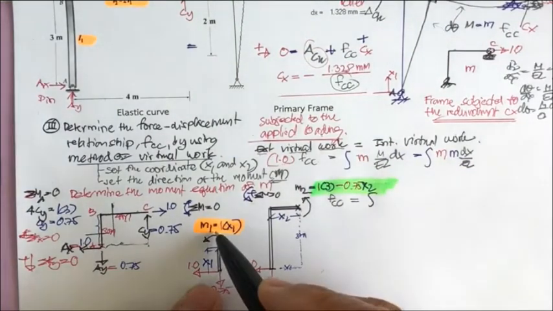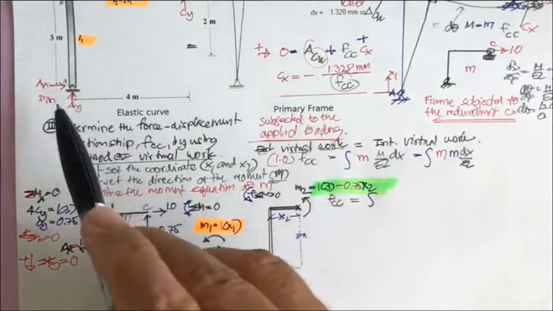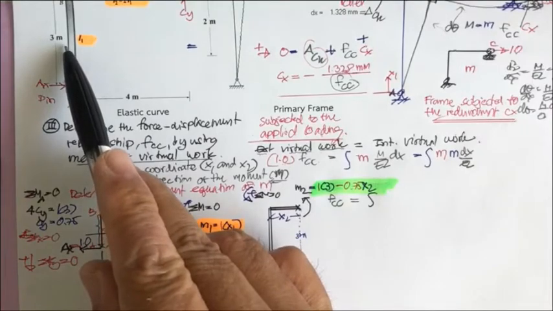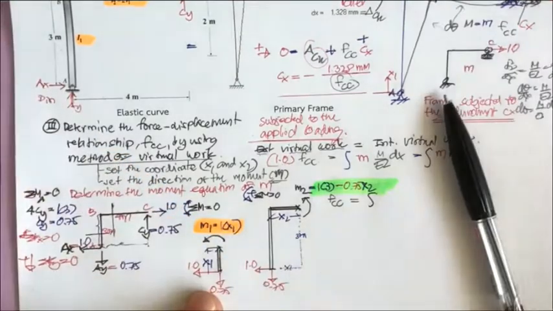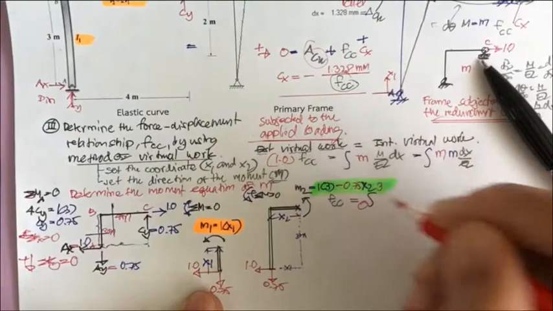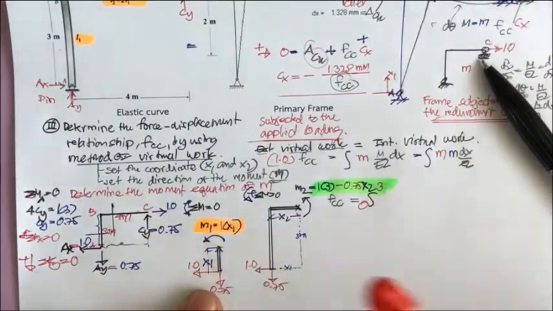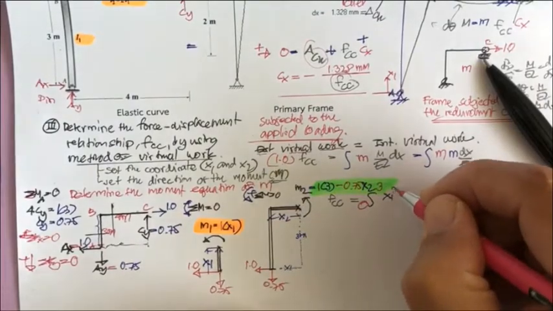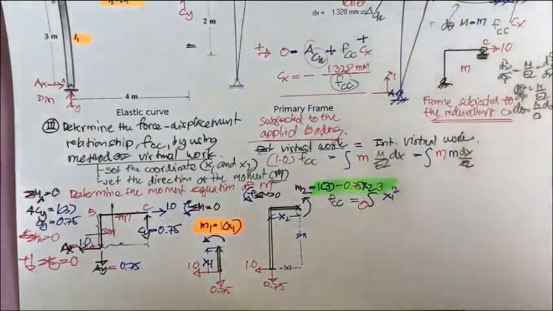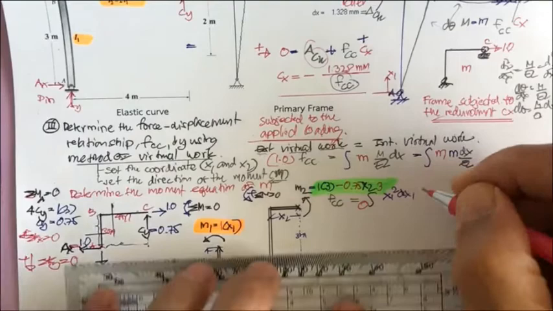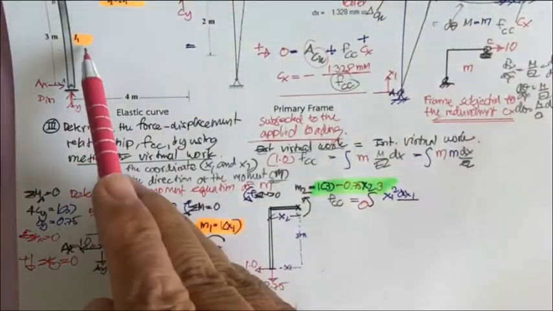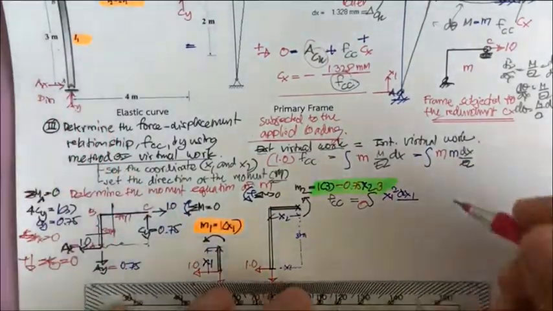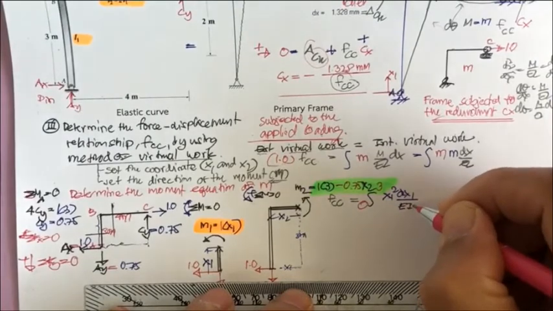For this orange one, that means you're going to integrate along this column. So integrate from 0 to 3. Okay. And this one is going to be x1 times x1. You have the x1 squared. And then it's going to be dx1 divided by, this is only EI. Okay. EI1.